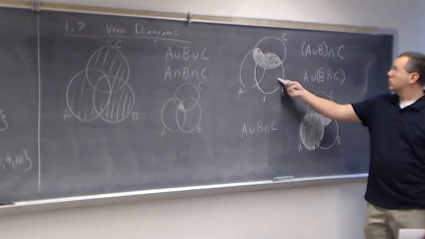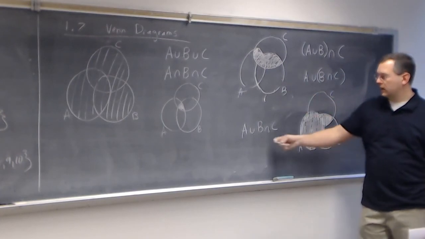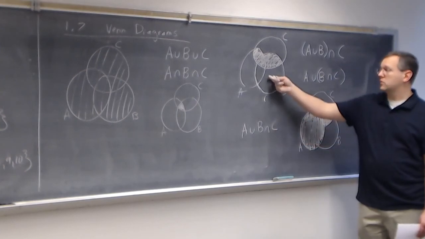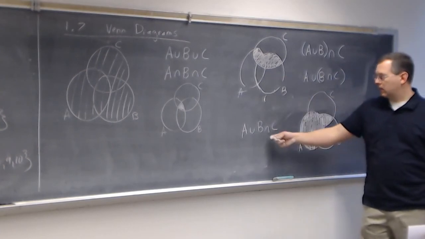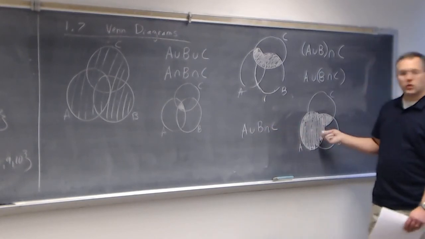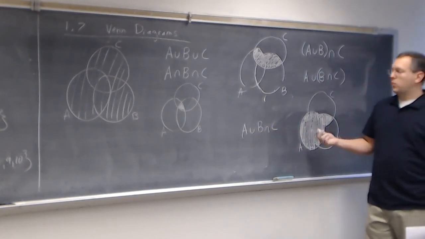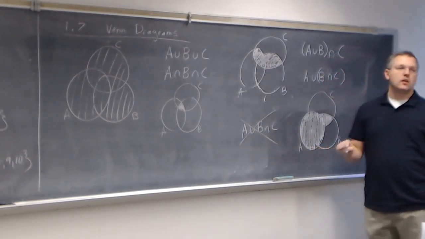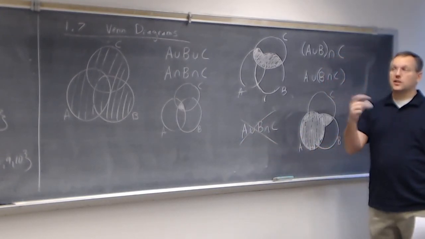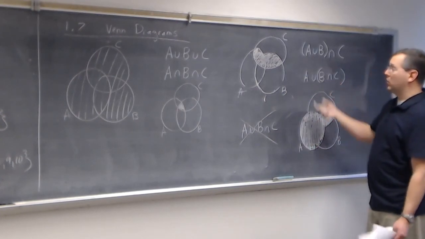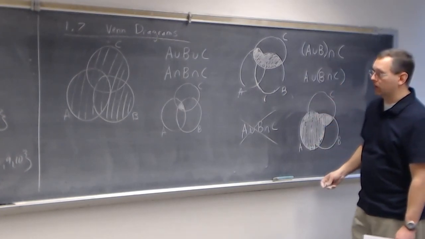Does this mean A union B and then take the intersection with C, like this? Or does this mean I should take B intersects C and then union A, until I end up with this? The point is, you can't do this. If you have an expression with unions and intersections, you have to have parentheses to be precise about what set you're talking about.